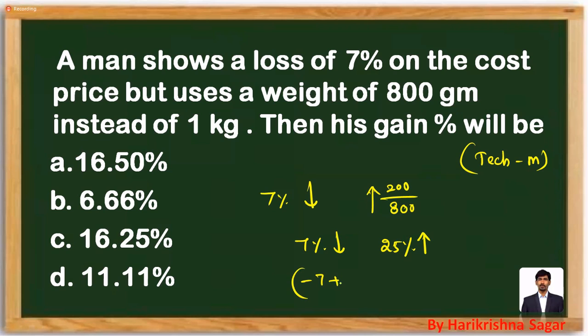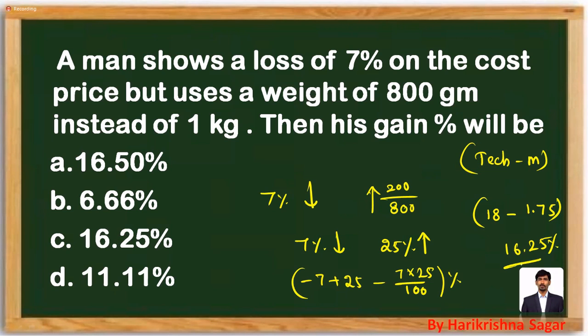So minus 7 plus 25, minus 7 into 25 divided by 100. So that is giving a result of 18 minus 1.75. That is giving a result of 16.25% profit. Mark it as option.